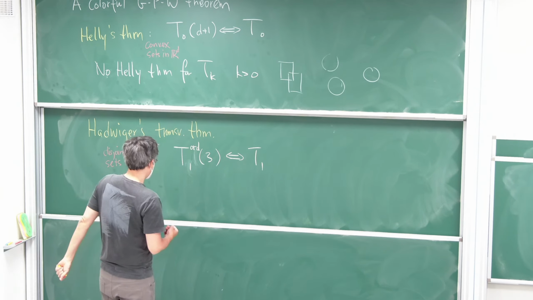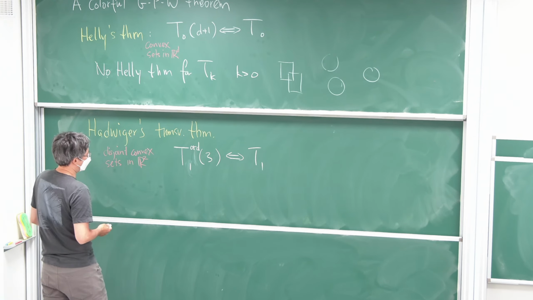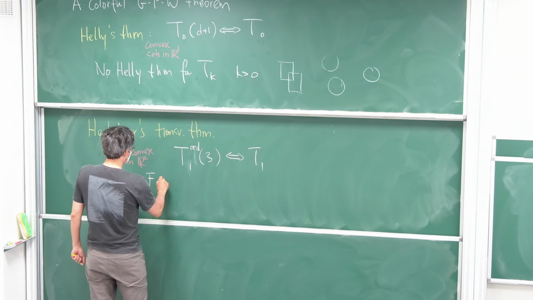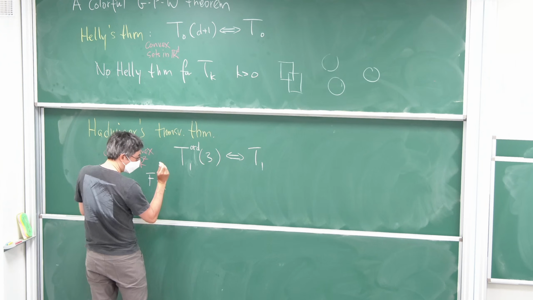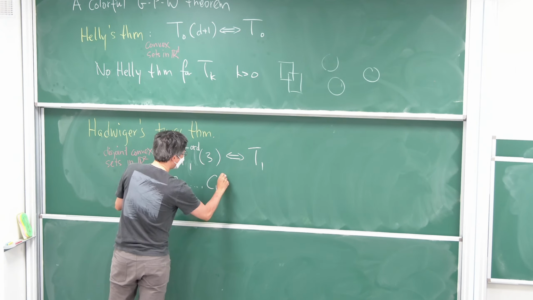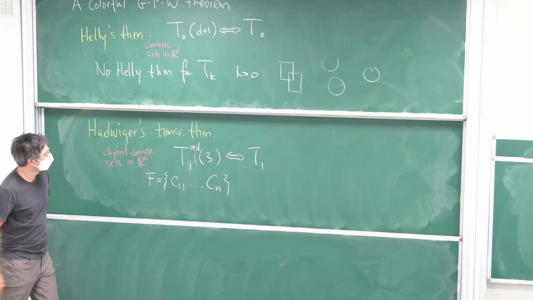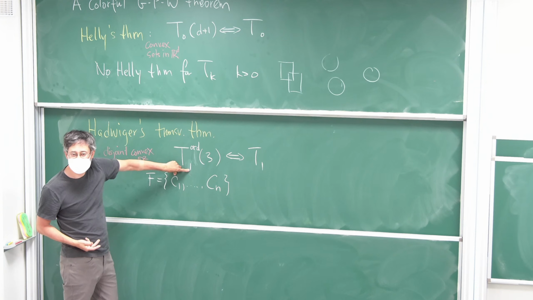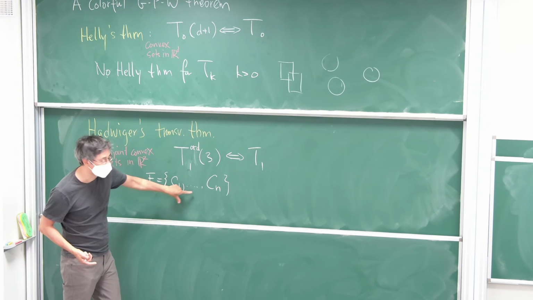And what is the ordering? So if your family F can be given an ordering, so let's say C1 up to Cn. Now this condition says every 3 should have a line that intersects them, but that line should intersect them consistent with this linear order.